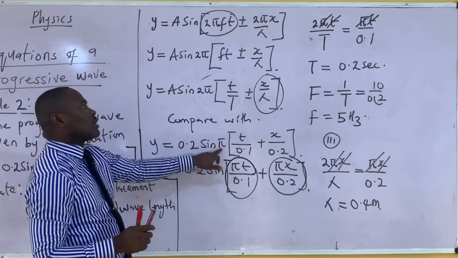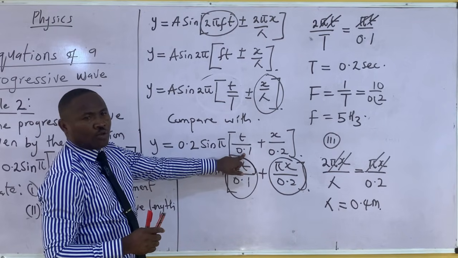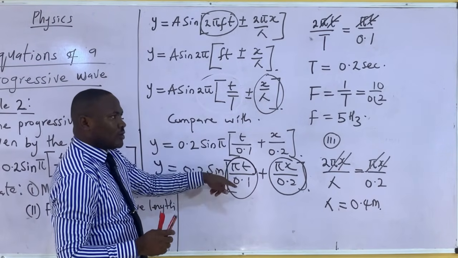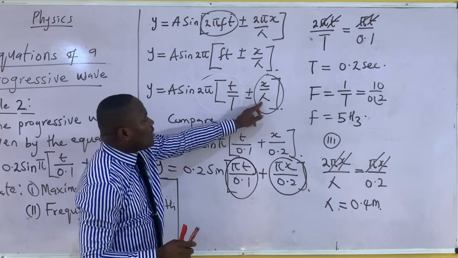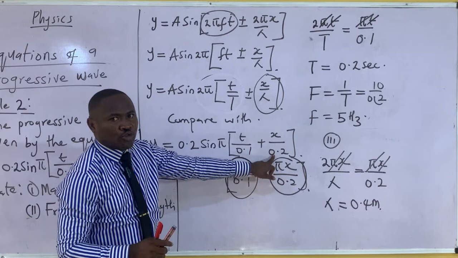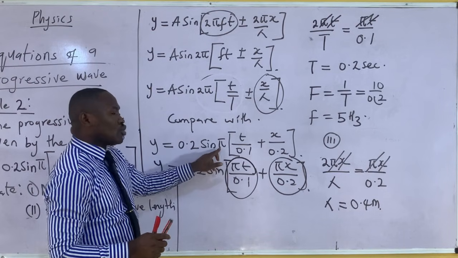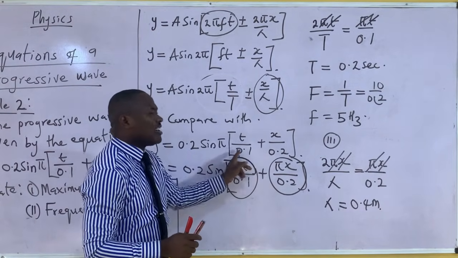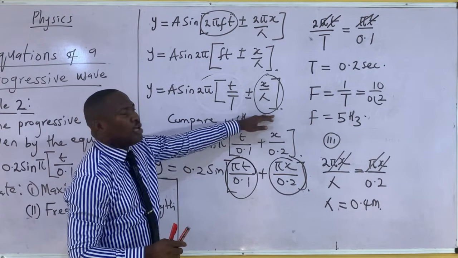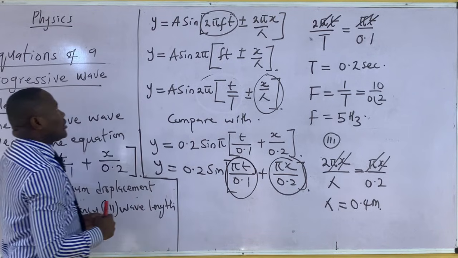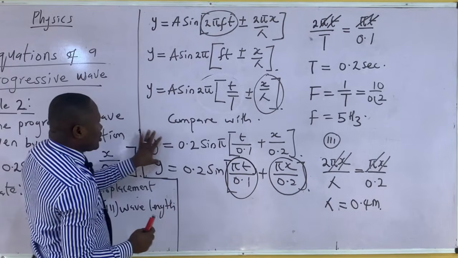If what was given outside was 2 pi, it would have been equal to what we have at the denominator level. But because it was pi, we had to solve it out to show. Likewise, it would be wrong to assume that our wavelength is equal to 0.2. No, because what was given outside was not 2 pi, it was pi. If it was 2 pi, both would have been equivalent to what we have in these denominators. So what we have shown is that we can use this formula to solve equations like this.